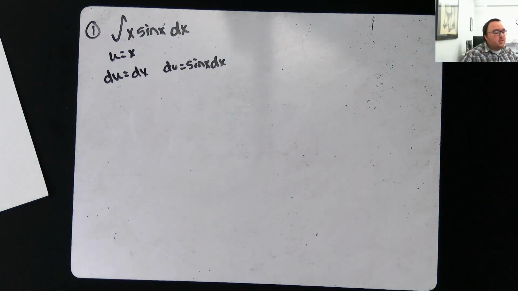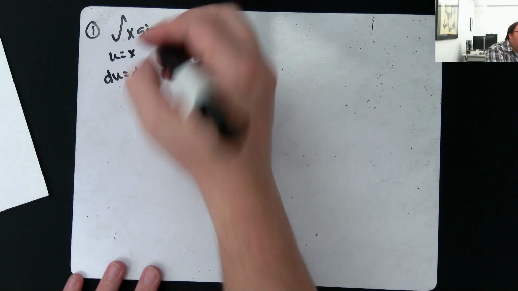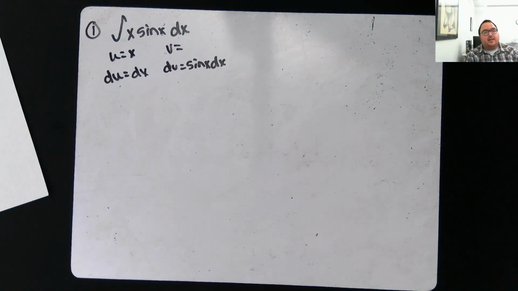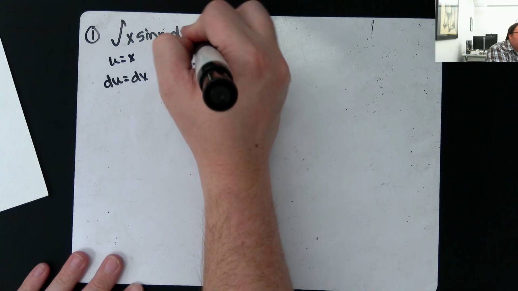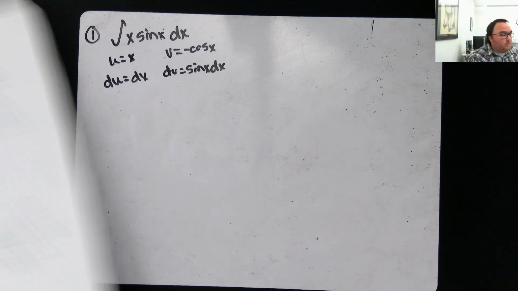Not hard. To get the v from the dv, to go backwards and get v, I need the antiderivative. The antiderivative of sine of x is negative cosine of x. So that's my v.